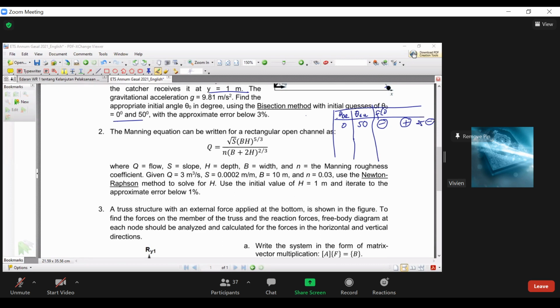So the calculation of the new root will be xi minus the old value, f.